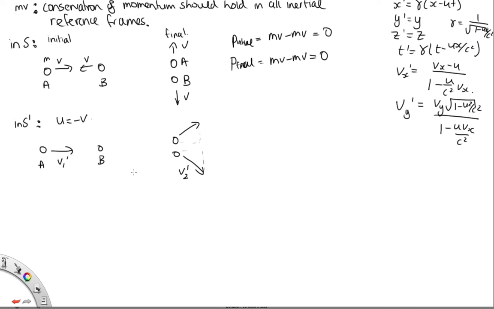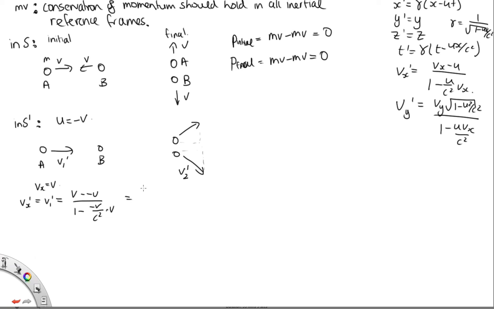Now let's calculate the initial velocity for this case here. We've got that u is equal to minus v, and Vx, if we look at this equation, Vx here refers to the velocity of the particle in frame S. So Vx is equal to v. And so Vx prime, which is equal to this v1 prime, is equal to Vx, which is v, minus u, which is minus v, so that's plus v, over 1 minus u, so that's minus (minus v) on c squared times Vx, which is v.